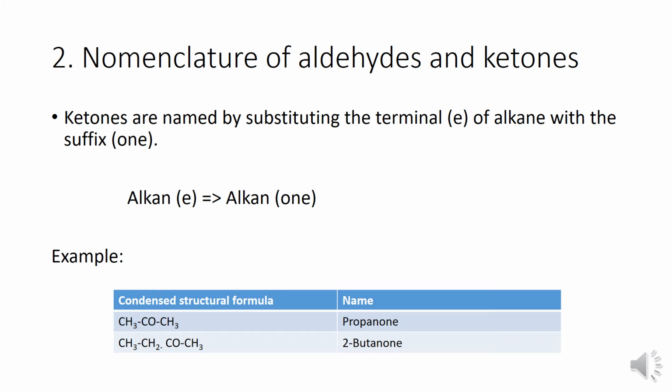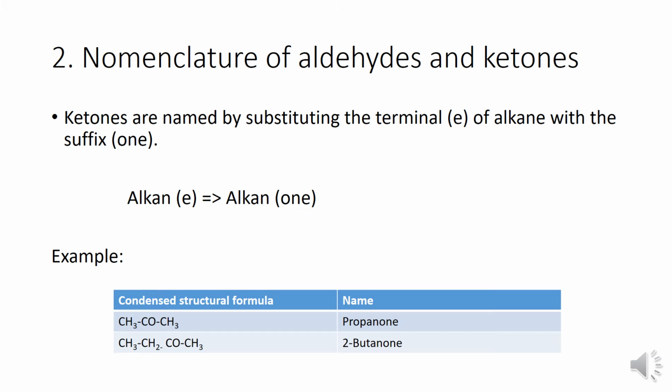An example of this ketone is N equal 3. As we explained previously, for N equal 3 we have an aldehyde, and also we have a ketone. For N equal 3, the molecular formula is C3H6O.